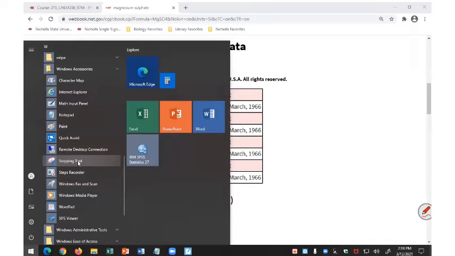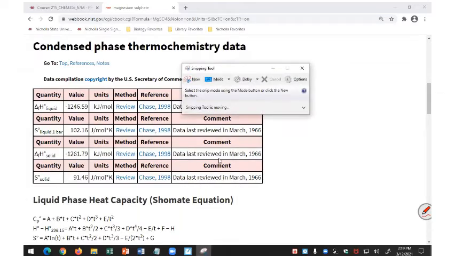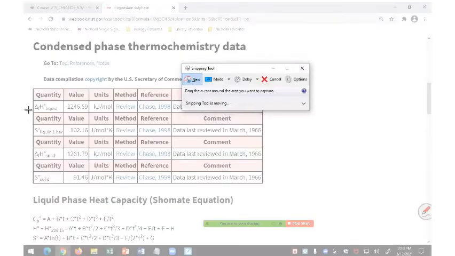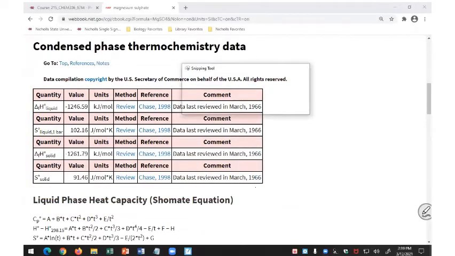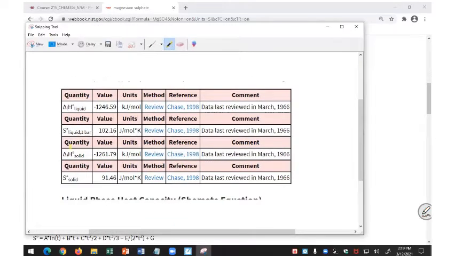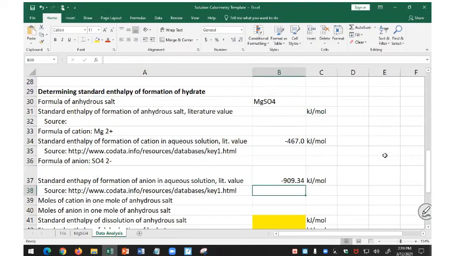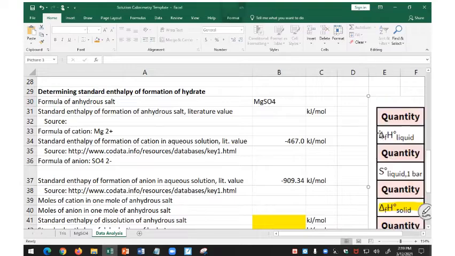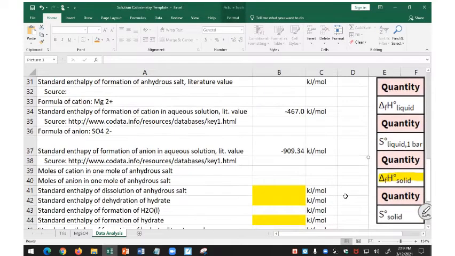So you have to use Snip and Sketch on yours. This computer hasn't been updated. So this one right here. This is magnesium sulfate solid. Copy that, put that on your Excel. For magnesium sulfate, I'll put it right here, right next to where I'm going to use it.